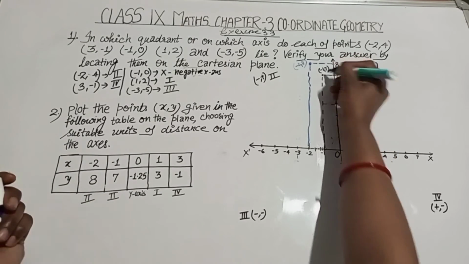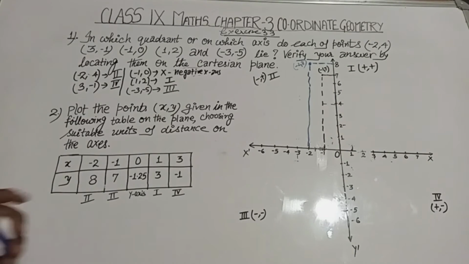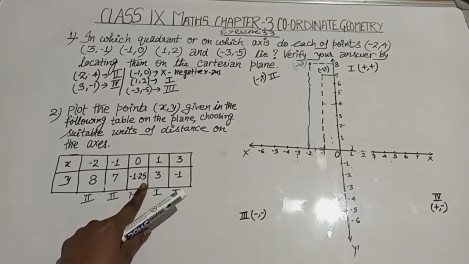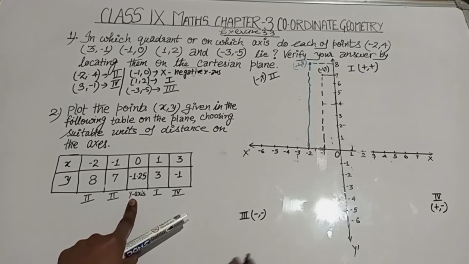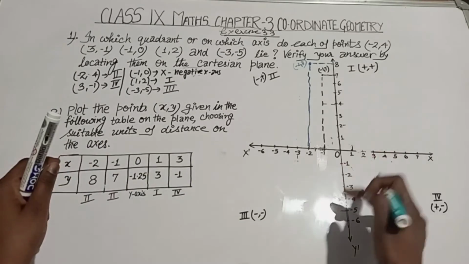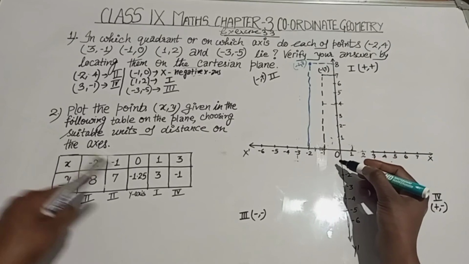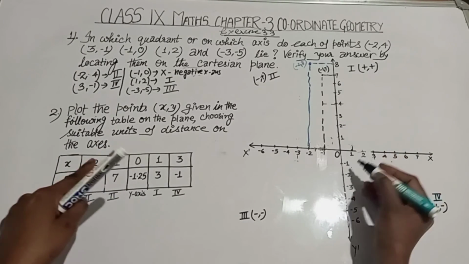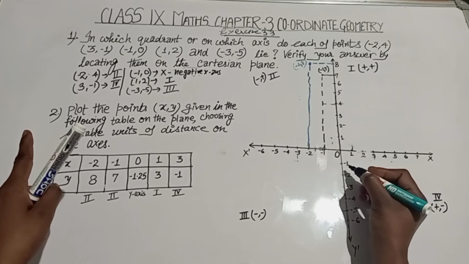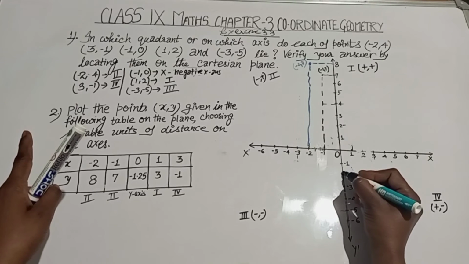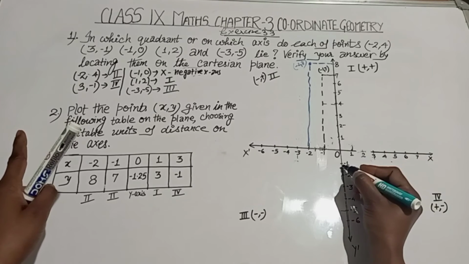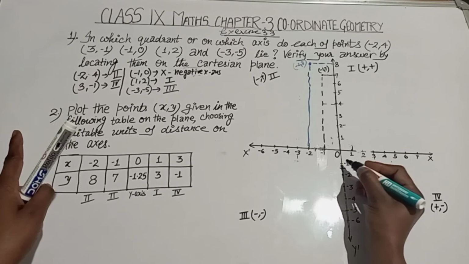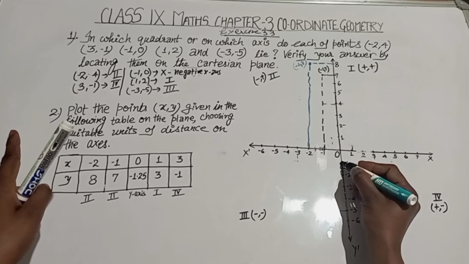Okay, next 0 and -1 by 2 3, x-axis but negative. The y-axis value is negative, it means below. So how many lines are in between 1 and minus 2? There are 10 lines: 1 2 3 4, and here 5 6 7 8 9 and 10.